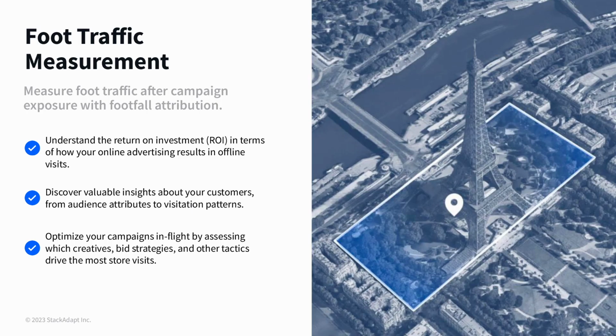So after campaign exposure, we can measure the impact, and we refer to this as foot traffic measurement. This is powered by our partnership with AdSquare and LiveSite. So how does this work? 3 ways really. Providers map out a list of locations that an advertiser wishes to measure visitation to.